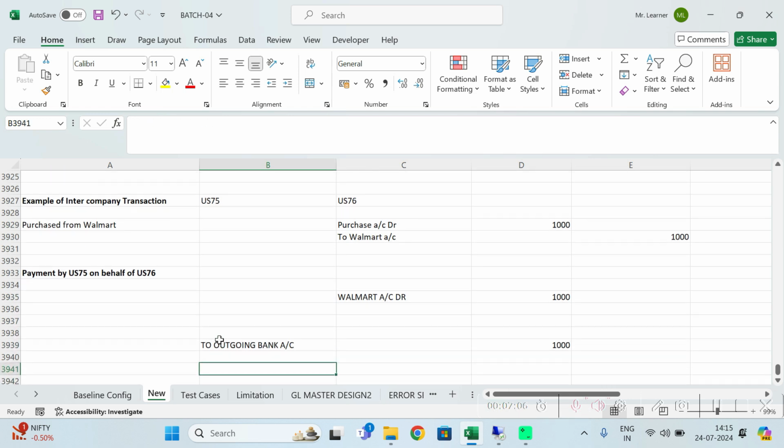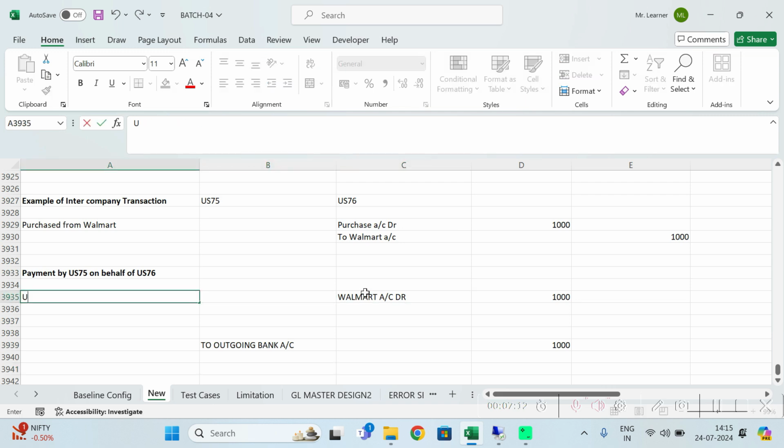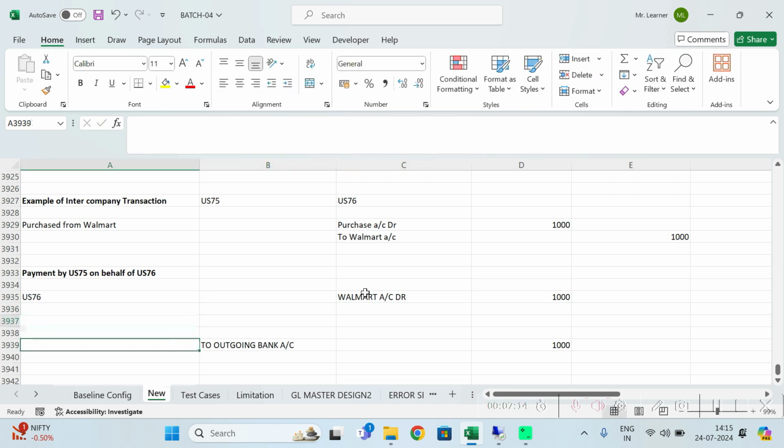If debit and credit are not matching, then you cannot post the journal entry. Okay. So this is posted in US 76 and this is posted in US 75. This line item belongs to US 76, this line item belongs to US 75. But at company code level, debit and credit are not matching.